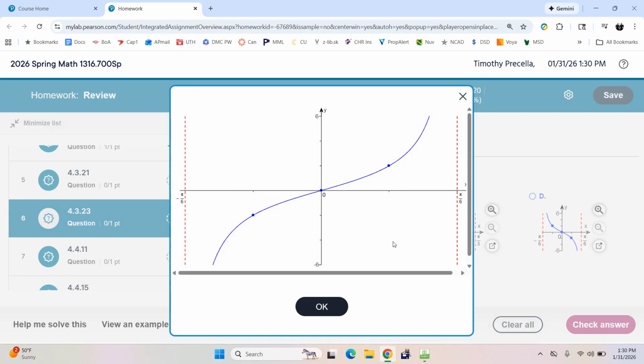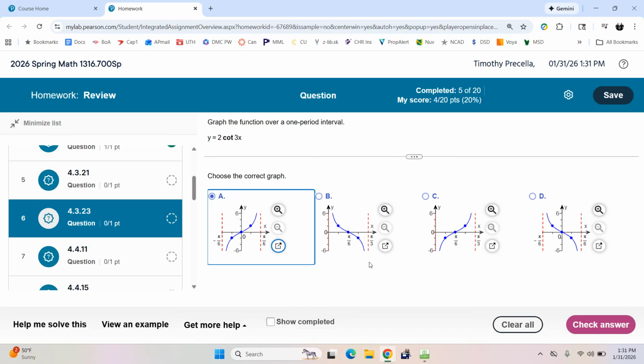It says pi over 6, way over here. Is that what that is? Pi over 6? And so, besides the fact that it's going the wrong way, it should be 0 and pi over 3. Unless I miscopied the problem.